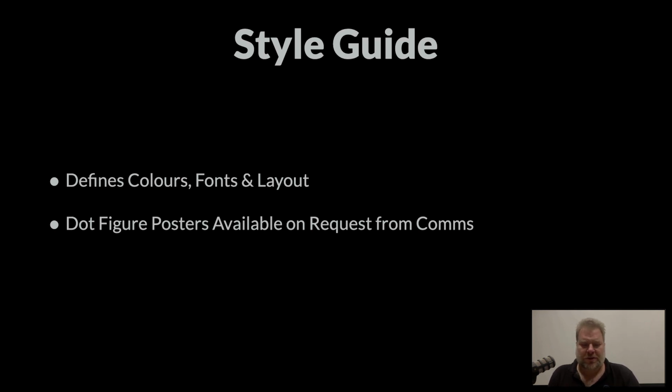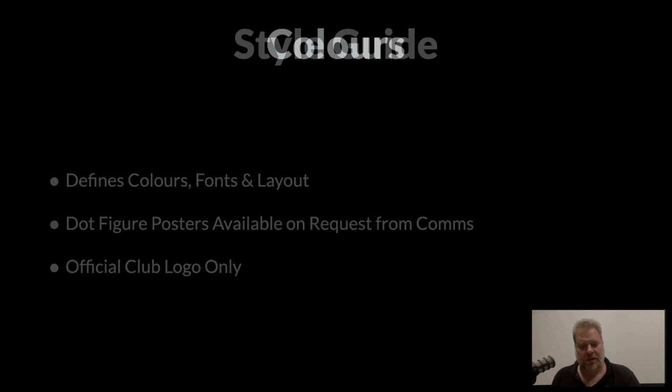It includes, as I'll show you, some posters using these dot figures in the background. They can be created for you on request from the comms committee. We need to use the official club logos only, which can be distributed if you need them. They've been redone by Tony using the new fonts and spacing.